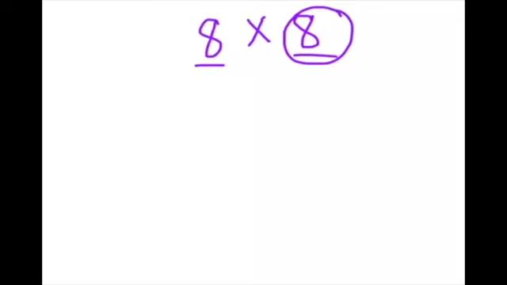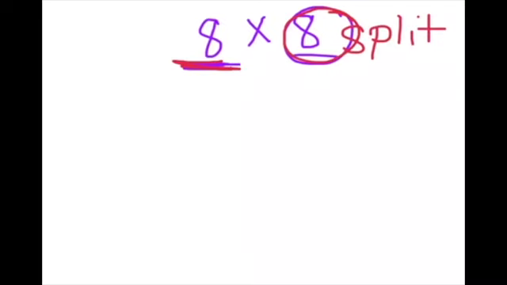So, in this example of 8 times 8, one of my 8s, so this one that I'm underlining, is going to stay the same. I'm not going to change that 8 at all. But this other 8, we're going to split. And I know that we're all pretty familiar with splitting. I'll show you a way, though, that we can do that with multiplying.